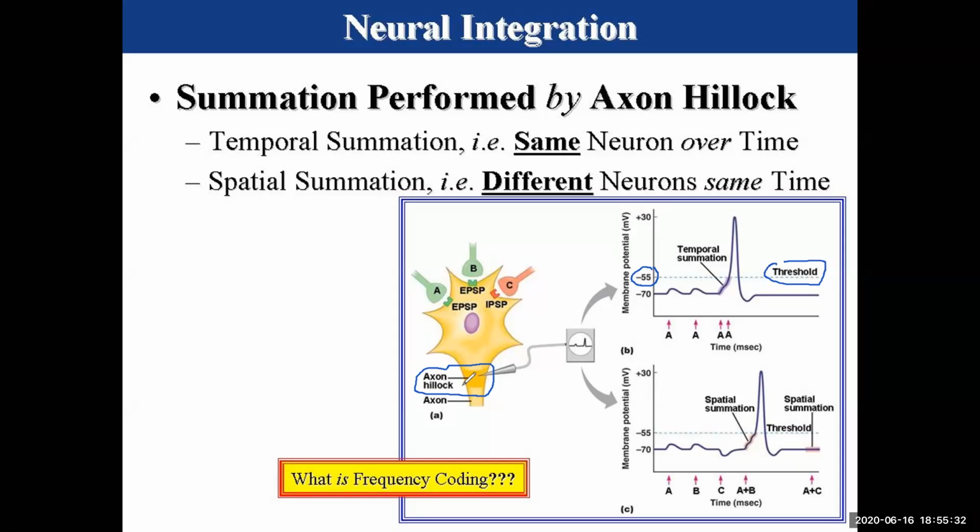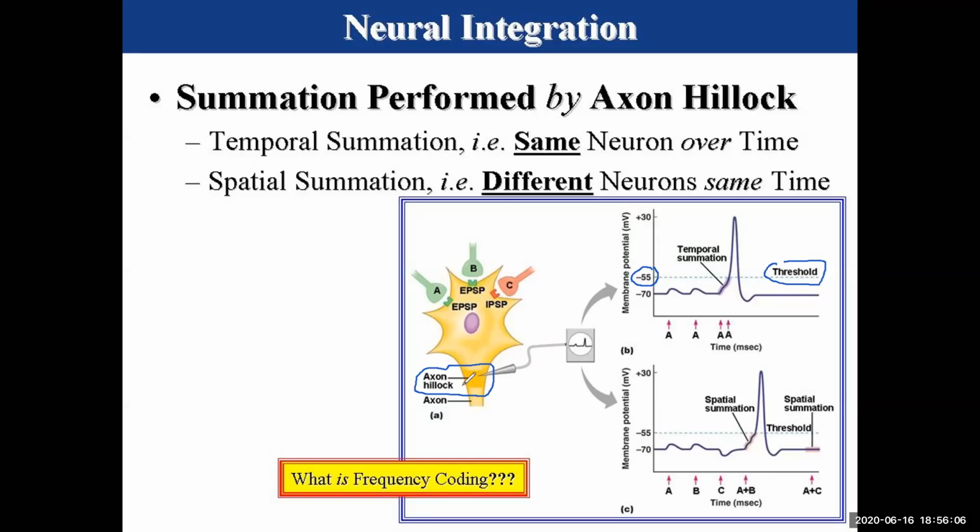If I have minus 54 millivolts, I can fire an action potential. If I have minus 56 millivolts, then I remain silent. At least minus 55 or more. So minus 55, minus 54, minus 53, minus 52, minus 51, minus 50, all of these will fire an action potential. But minus 56, minus 57, minus 58, minus 59, minus 70, nothing happens.